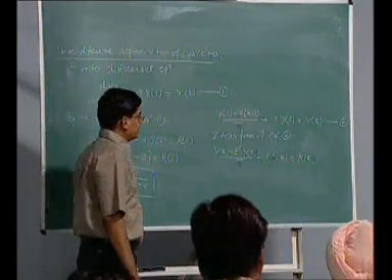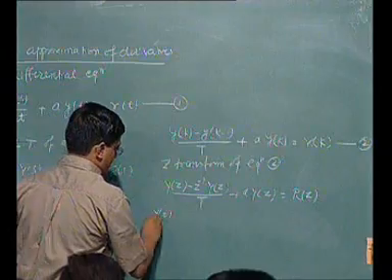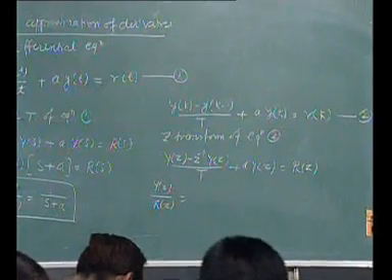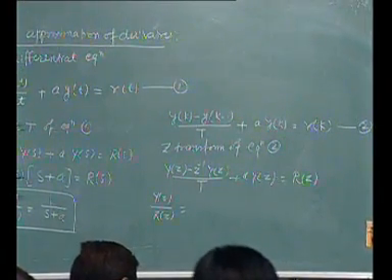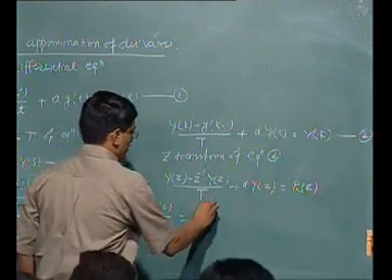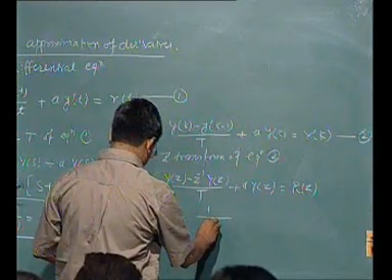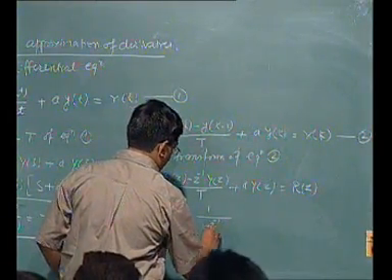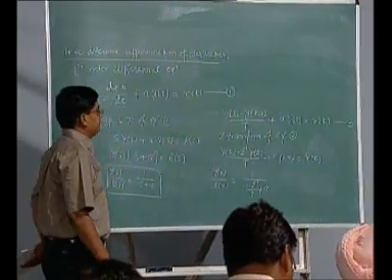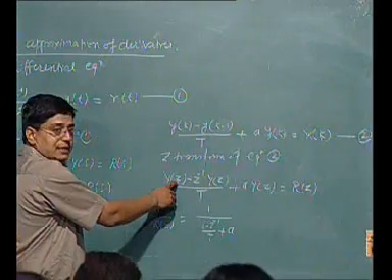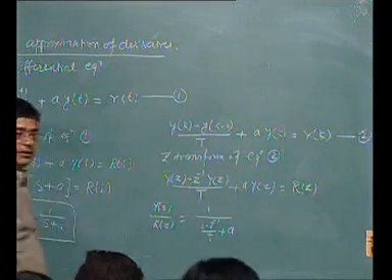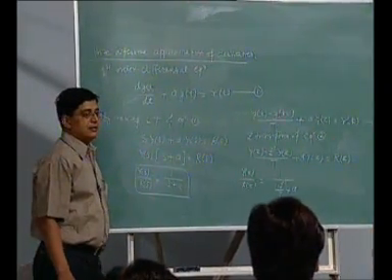Now find out Y(z) over R(z). One upon 1 minus z inverse upon T plus a, right, it is in denominator. Is it clear?